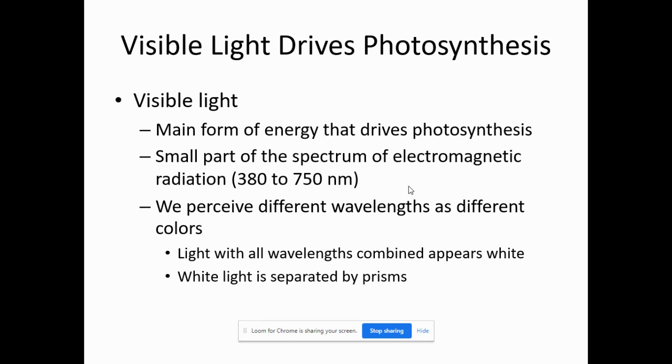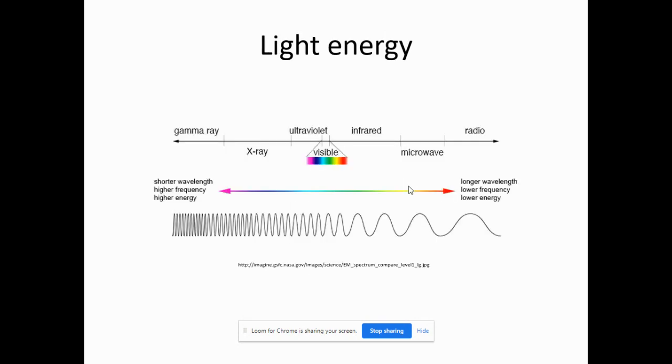Within that portion, we perceive different wavelengths as different colors. That's why rainbows have different colors, because each light that makes up the rainbow is at a different wavelength. Light with all the wavelengths together appears white, but you can separate that white light with prisms.